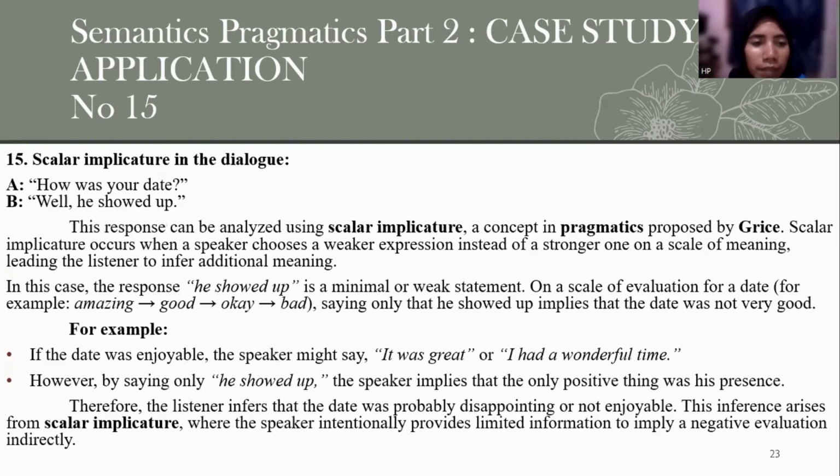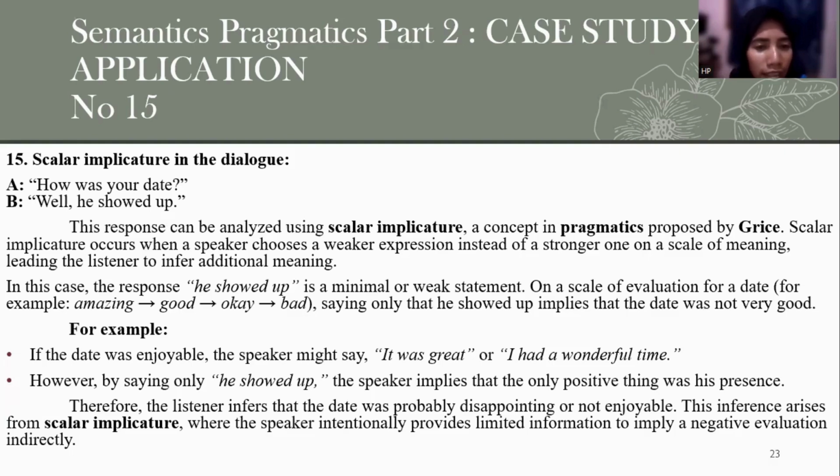Next, number 15, scalar implicature in the dialogue. A: How was your day? B: Well, it was okay. This response can be analyzed using scalar implicature, a concept in pragmatics proposed by Grice. Scalar implicature occurs when a speaker chooses a weaker expression instead of a stronger one on a scale of meaning, leading the listener to infer additional meaning.